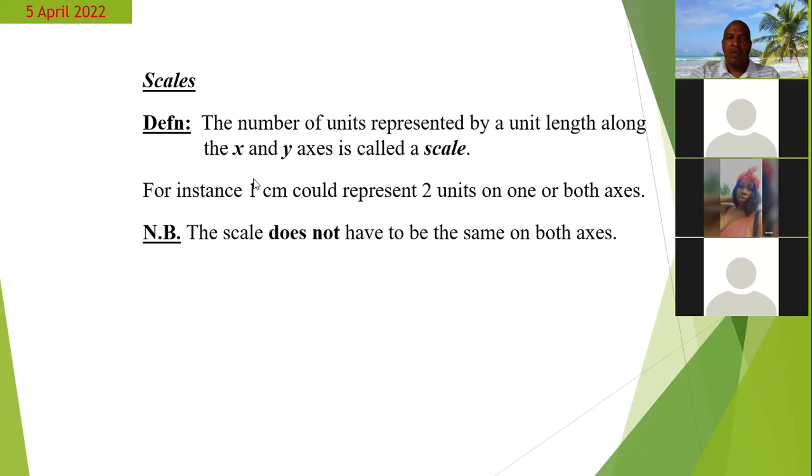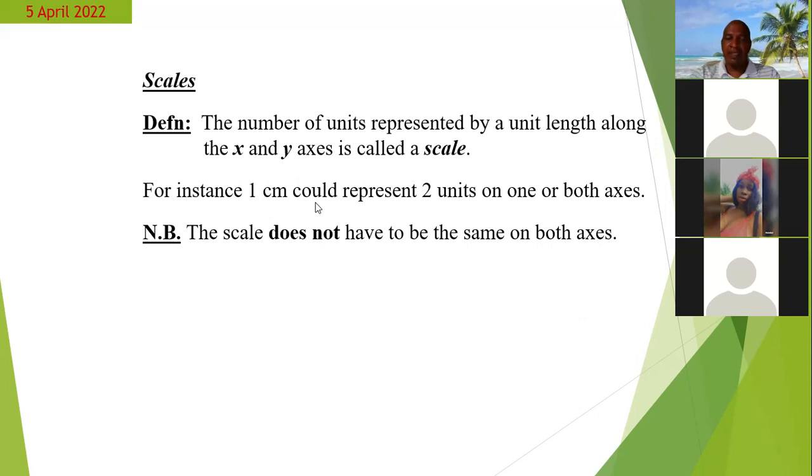Now, we're going to take a look at an actual graph paper, because we have to understand, in terms of the various intervals, what the actual measurements are on the graph paper, because the graph paper is measured in different units, right?